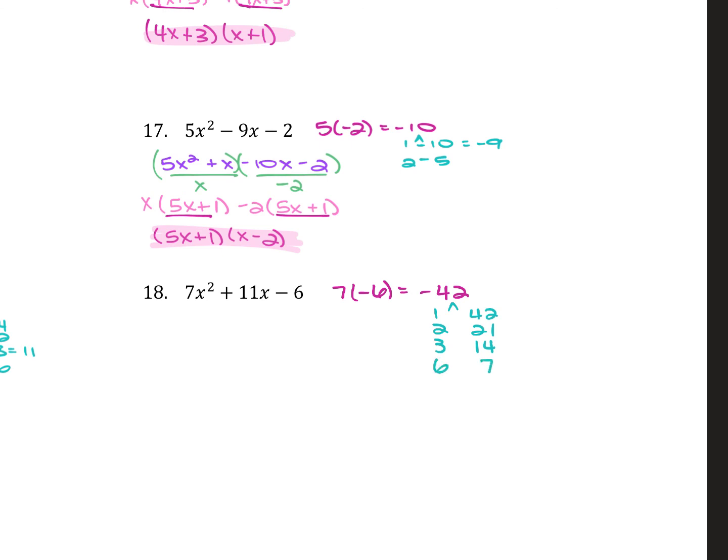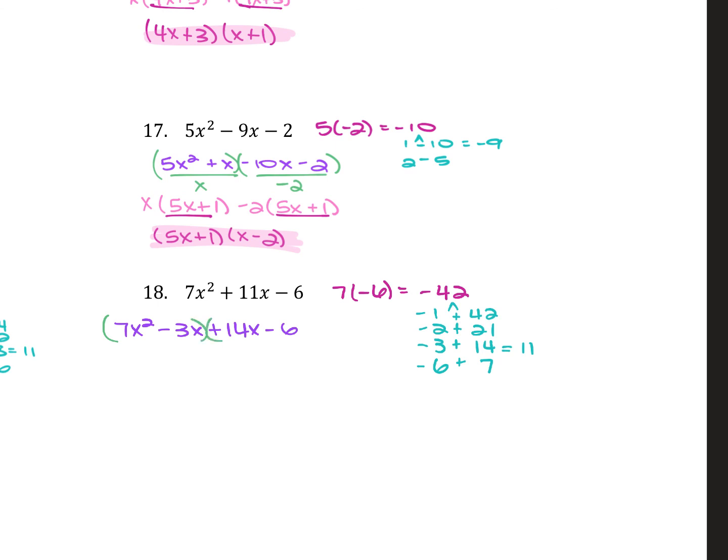You're looking for a positive 11. So the bigger number has to be positive, smaller number has to be negative. Negative 3 plus 14 is 11. So this gets rewritten as 7x squared minus 3x plus 14x minus 6.